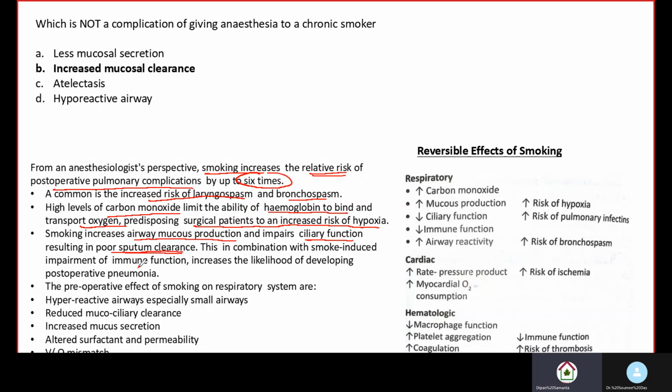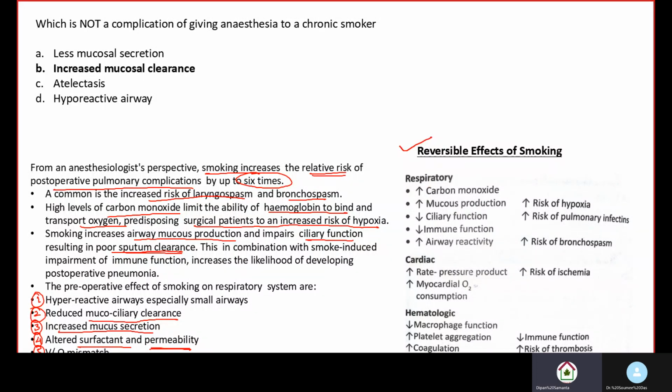The preoperative effects of smoking on the respiratory system are: number 1, hyperreactive airways, especially the smaller airways; number 2, reduced mucociliary clearance; number 3, increased mucus secretion; number 4, altered surfactant and permeability; number 5, ventilation perfusion mismatch. These are the reversible effects of smoking.